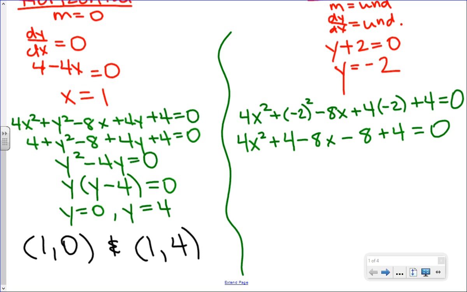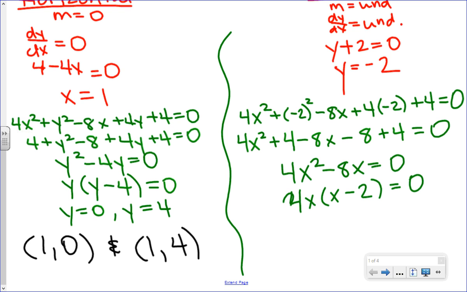Okay. Well, that's handy. We have the same thing happening again where we have 4 minus 8 plus 4. And so we are left with 4x squared minus 8x equals 0. So we can factor out a 4x, left over is x minus 2.